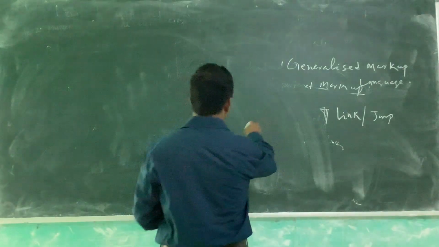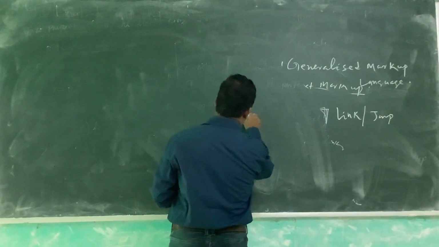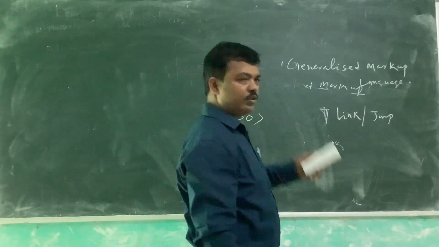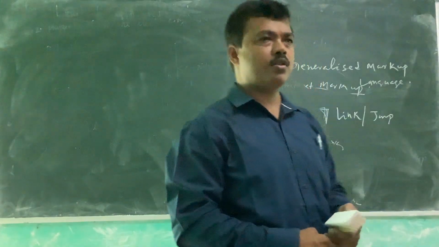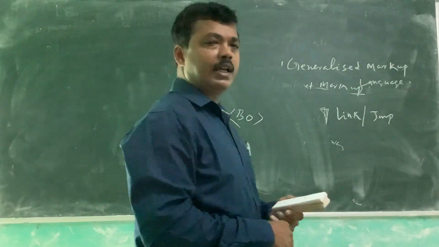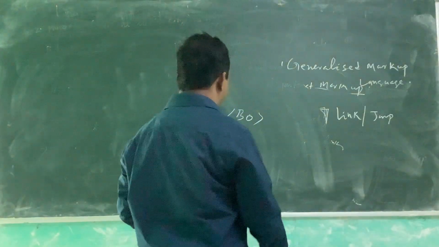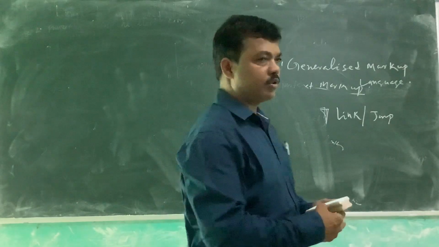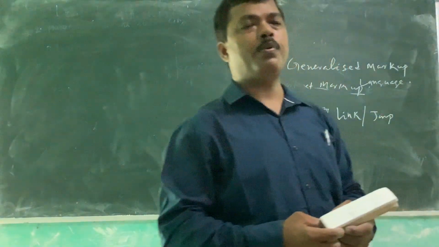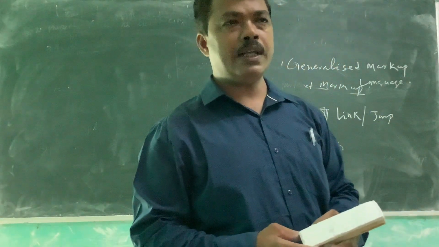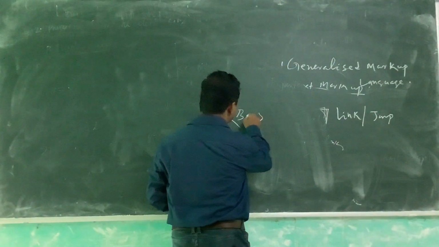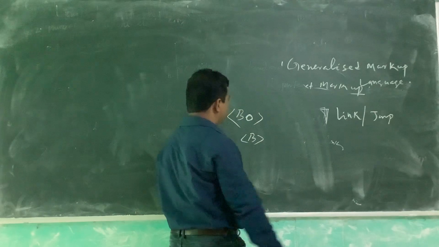Let's assume that there is no tag like BO, but we wrote the tag BO instead of B for bold. Then in the output you will see BO.